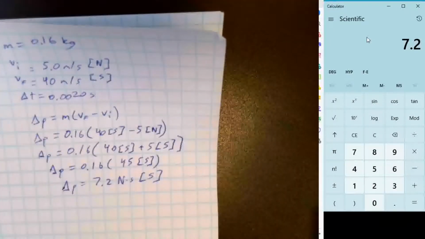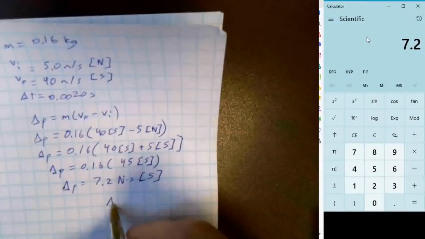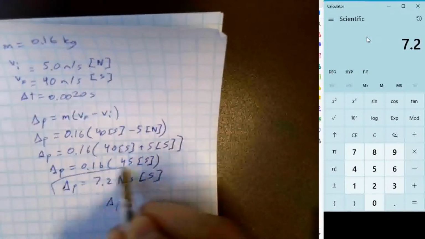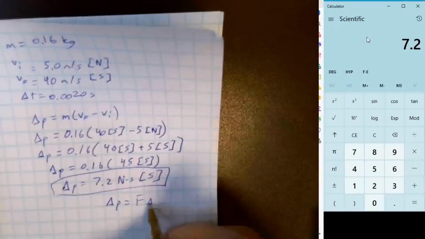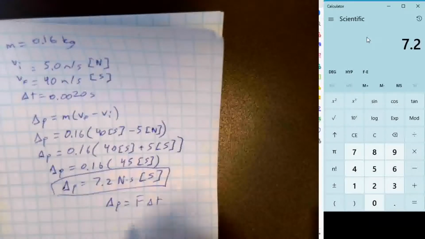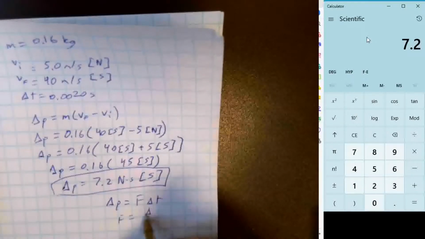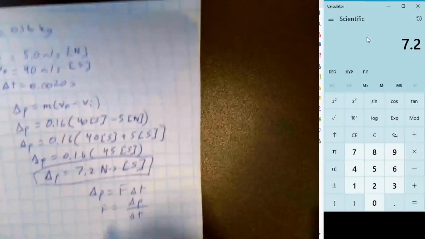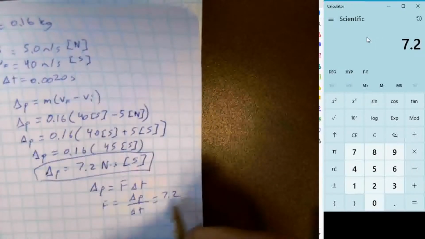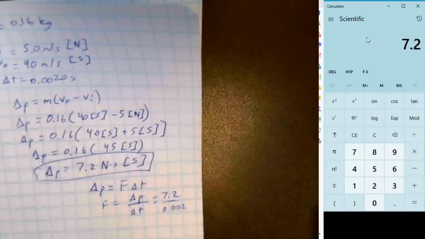The second part of this asks what's the average force. So this is my first solution to the problem. p is equal to F delta t. So F is equal to the change in momentum over the change in time, which will be 7.2 over 0.002.